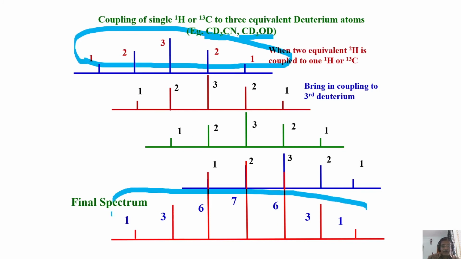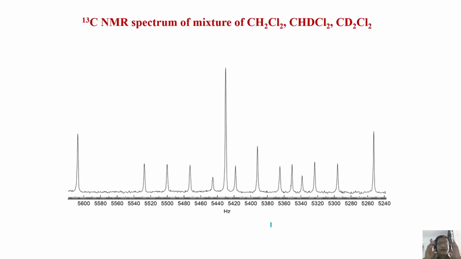When three deuteriums are coupled, the intensity is 1, 3, 6, 7, 6, 3, 1. This is the pattern you are going to get. This is a pentet, and this is 1, 2, 3, 4, 5, 6, 7, a septet. You understand? When a spin-half nucleus is coupled to a single spin-1 nucleus, we have 1:1:1 intensity. If there are two spin-1 nuclei, 1, 2, 3, 2, 1 intensity. If there are three, 1, 3, 6, 7, 6, 3, 1. This is the splitting pattern, and exactly that's what we get.